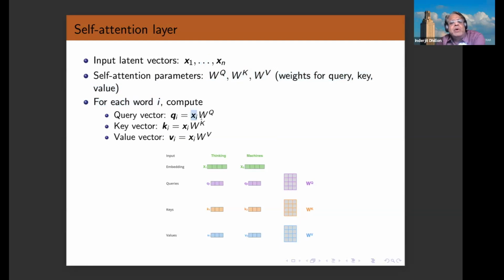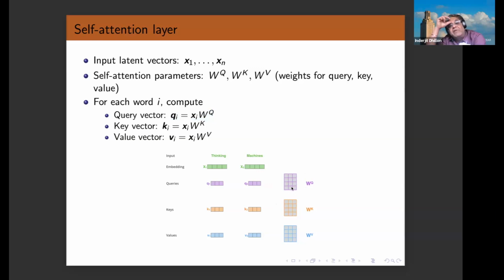I'm going to compute the query vector, and that is xi times WQ. WQ in general will not be a square matrix. For example, below you can see this Thinking Machines example, and this purple matrix WQ is 4 by 3.